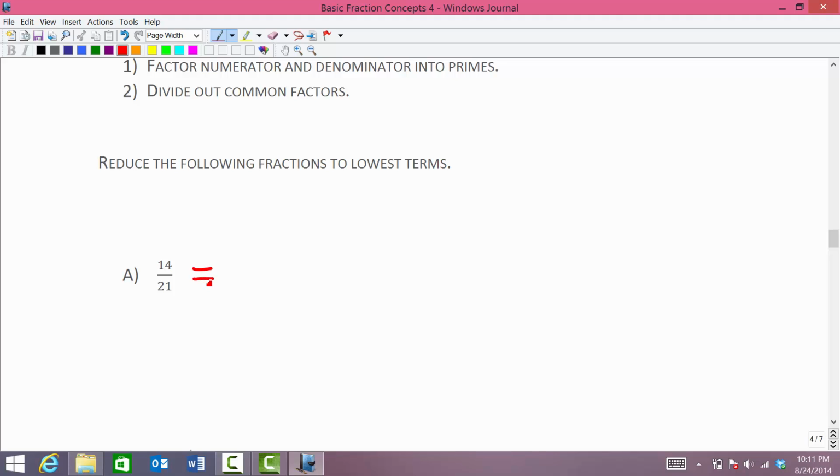So let's look at this first fraction, 14 over 21. We want to find an equivalent fraction to 14 over 21 that has no common factors in the top and the bottom. 14, we can always use our factor tree to break up 14. That would be 2 times 7. And 21, 3 times 7.